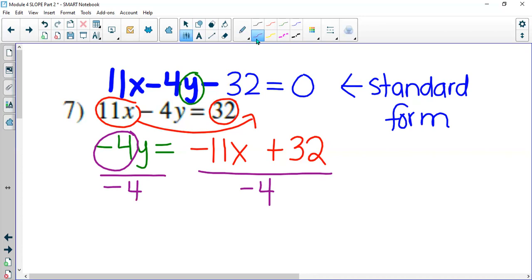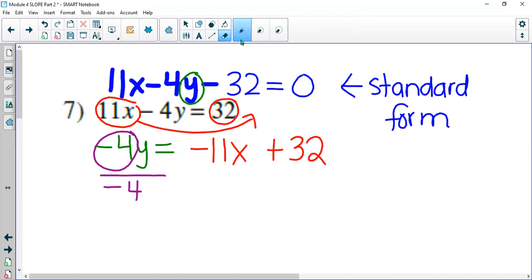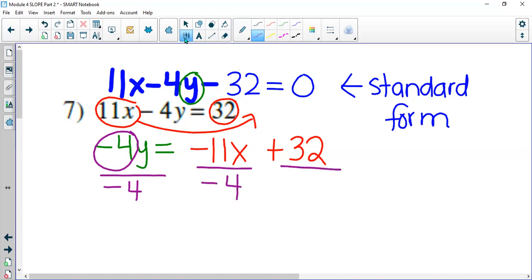Instead, I want to encourage you to divide every single term by negative 4. So the negative 11x gets divided by negative 4, 32 gets divided by negative 4. Negative 4y divided by negative 4 gives me positive y by itself.